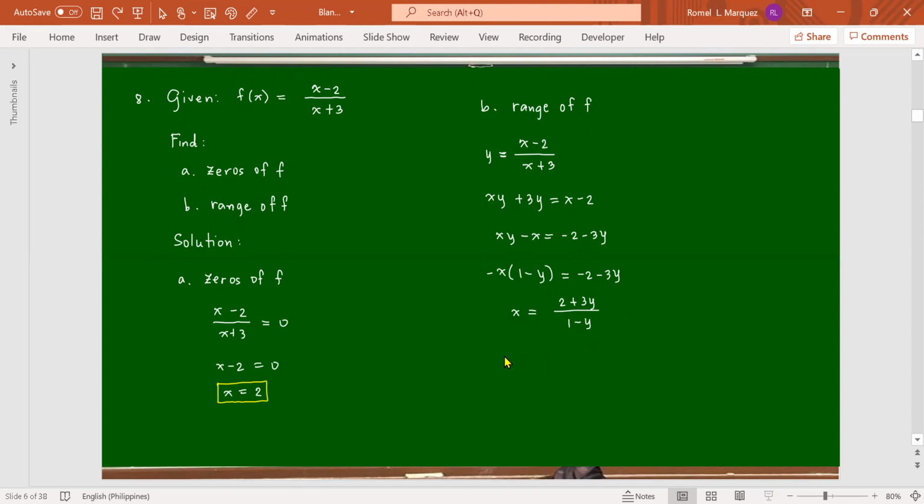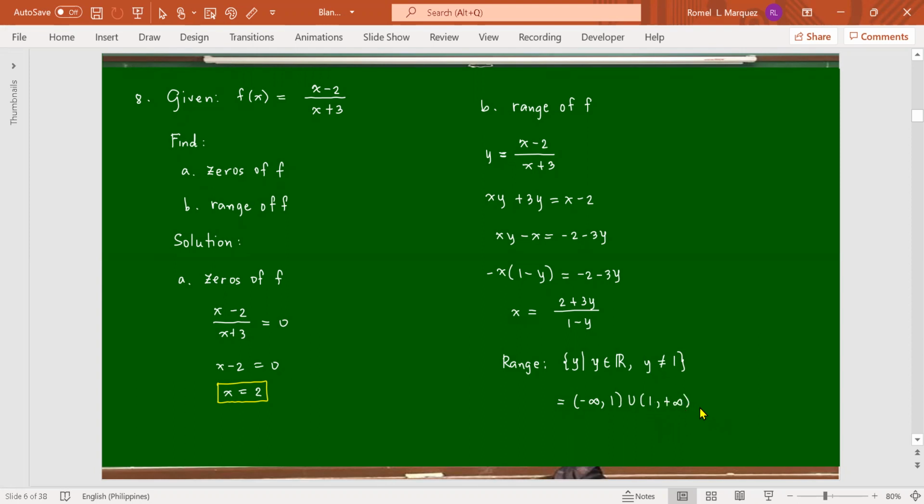So the range, therefore, is the set of all y such that y is a real number not equal to what? Not equal to 1, or that is negative infinity to 1, but we don't include 1, of course, union with 1 to positive infinity. We don't include 1.